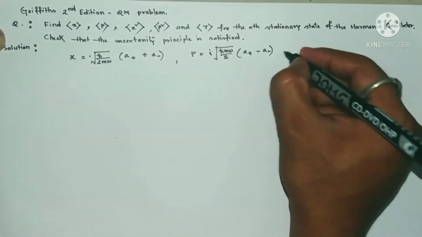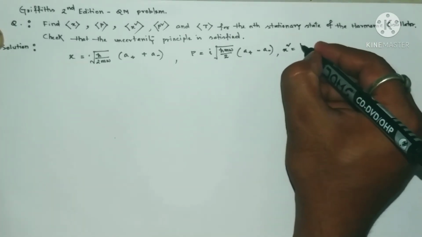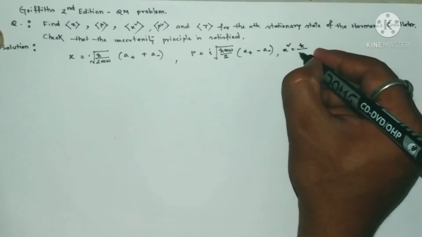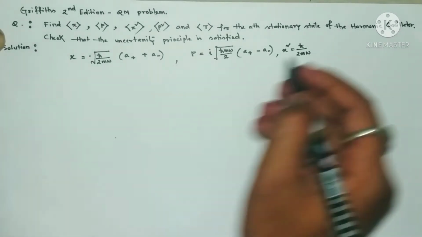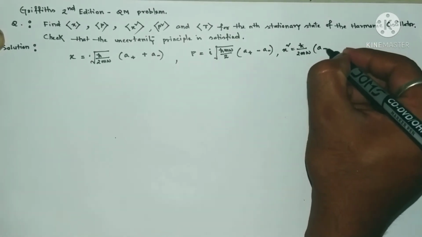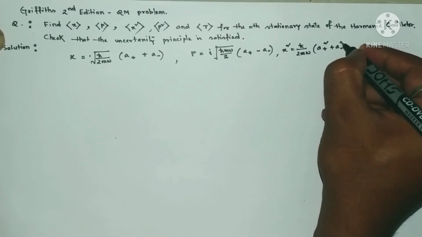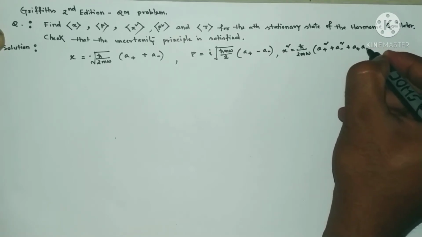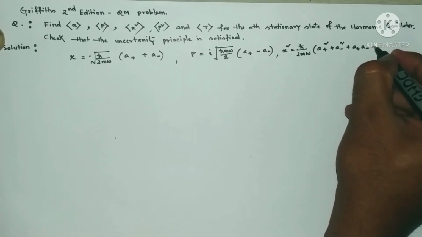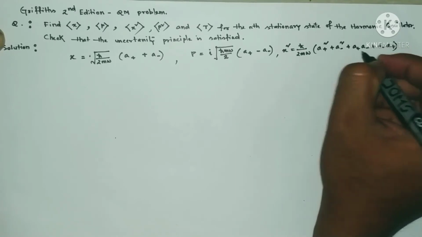And for x square we have h cross by 2 m omega, right? And here we will be having a plus square, a minus square, plus a plus a minus plus a minus a plus.